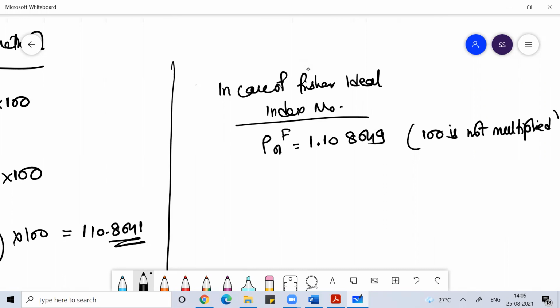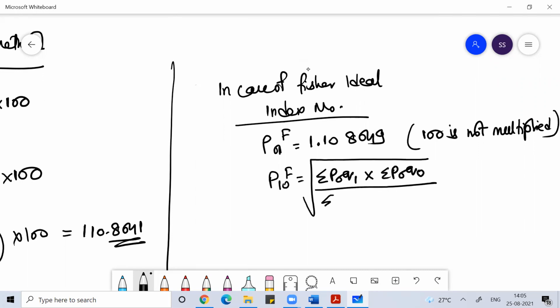Now if I find P10, what would be the formula? The formula will be the square root of sum of P0Q1 into sum of P0Q0, divided by sum of P1Q1 into sum of P1Q0. Clear everyone?